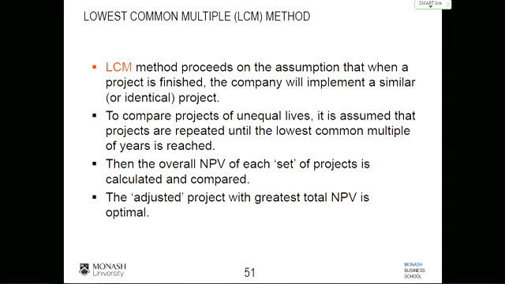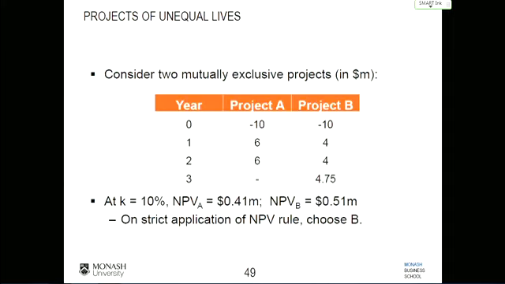The first one is called lowest common multiple. Here, we have one project of 2 years, the other project of 3 years. We will choose the lowest common multiple of those 2 numbers, 2 and 3. What would be the number that can be divided by both 2 and 3? 6. Agree?